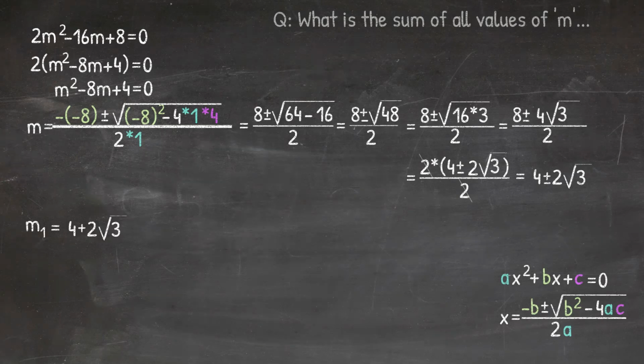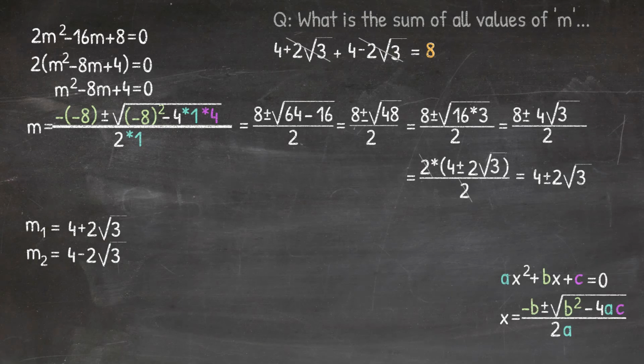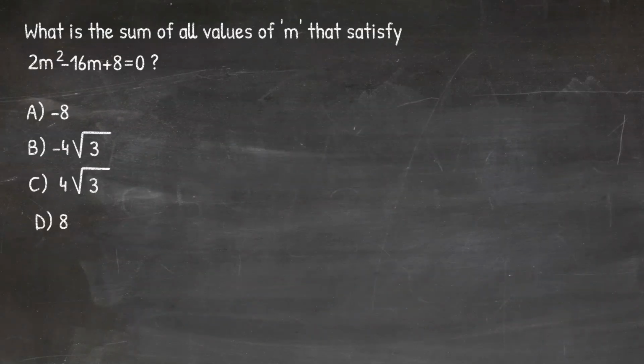And we need to add to it the second value, which is 4 minus 2 square root of 3. We can simplify, and plus 2 square root of 3 and minus 2 square root of 3 cancel out. And our answer is 8. We can find our answer as the answer choice D, the correct answer.